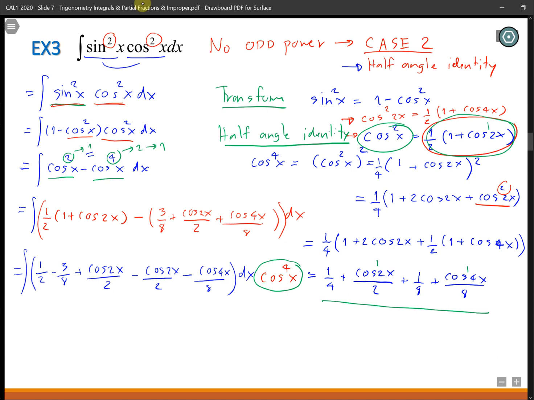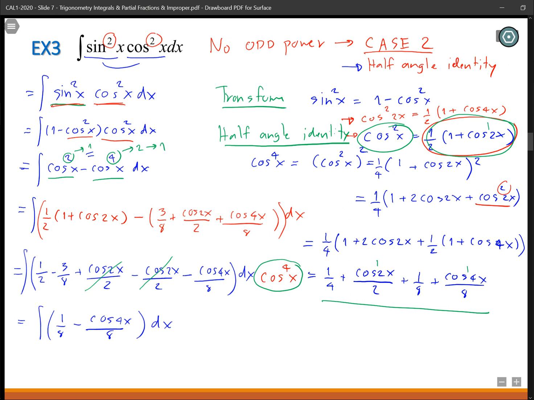At this point you can see that this cancels with that, and 1 over 2 minus 3 over 8 gives 1 over 8, and the rest of the terms is cosine 4x divided by 8, and this has to be integrated with respect to x.